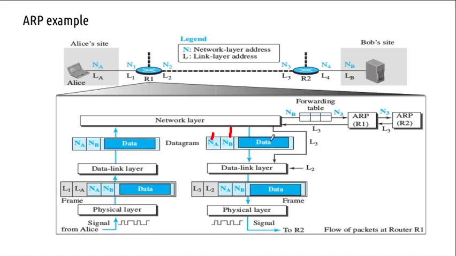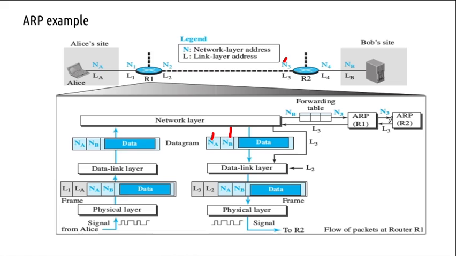I have a packet here, and my forwarding table says that to reach NB, I need to send it to link N3. Now router 2, which has this IP address N3 on its interface: tell me your link address.